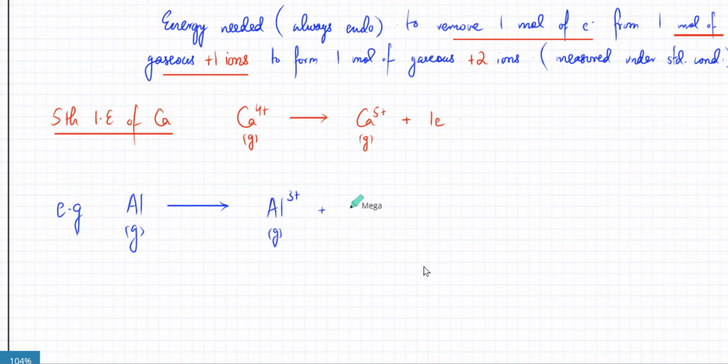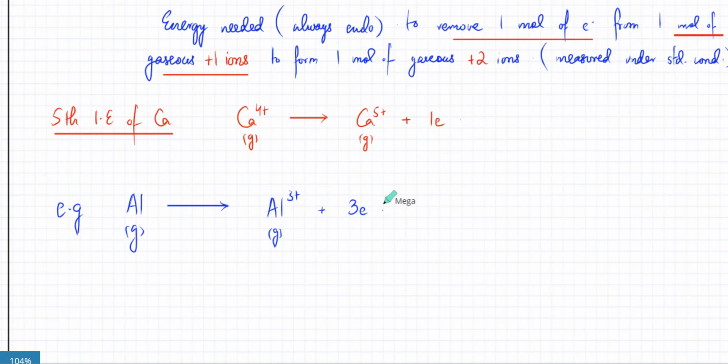This is the fourth ionization energy of aluminium.